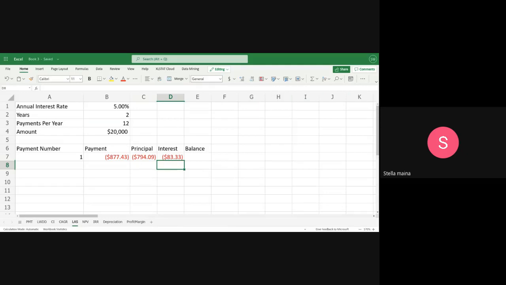That is our interest. So what will be the balance? The balance is going to be the amount that is before, plus the principal.